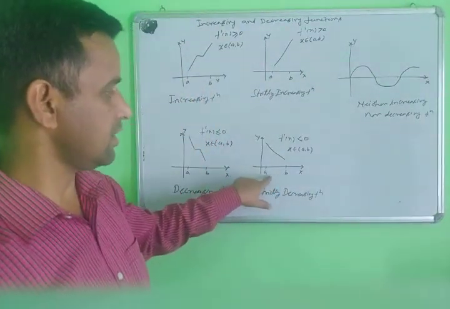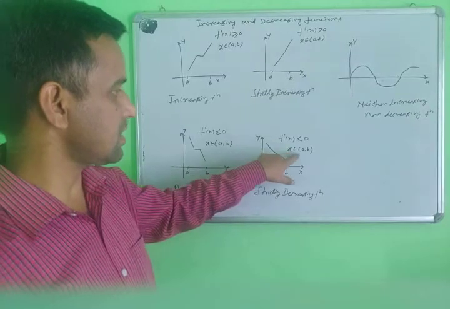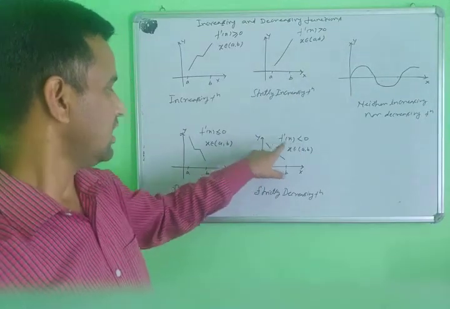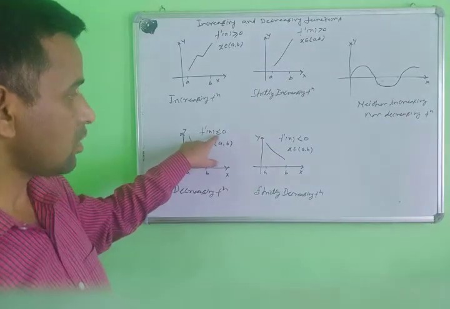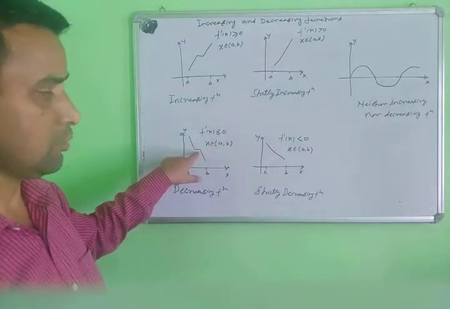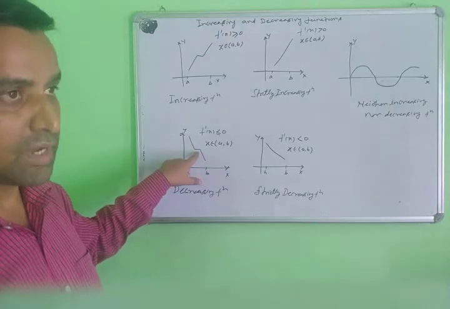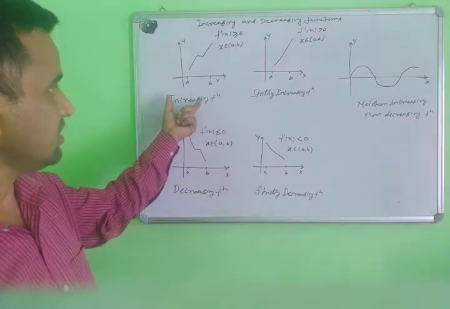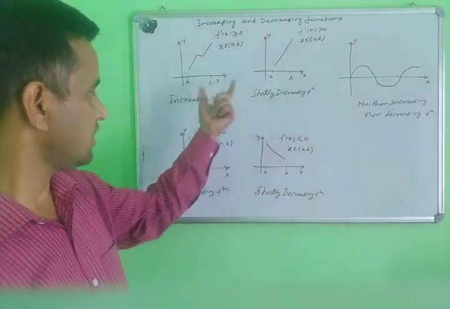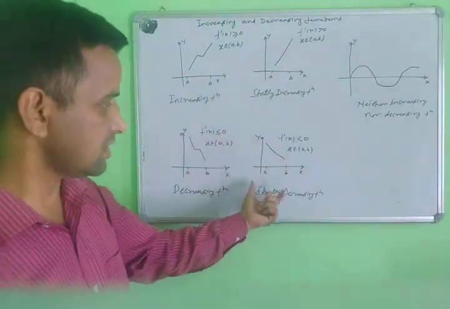This is the interval a to b. In this interval a to b the function continuously decreases. In the other interval a to b it decreases but not continuously, including 0 also, meaning one interval has a tangent slope of 0. This is increasing, strictly increasing, decreasing, and strictly decreasing.